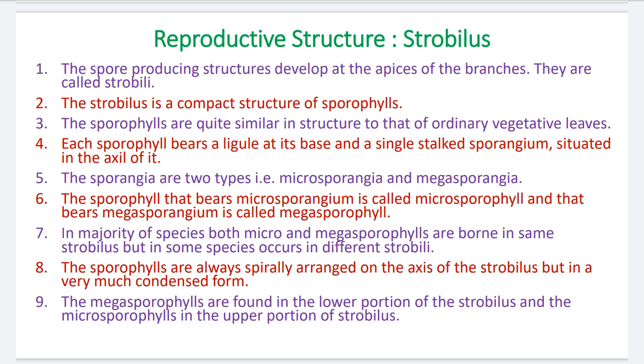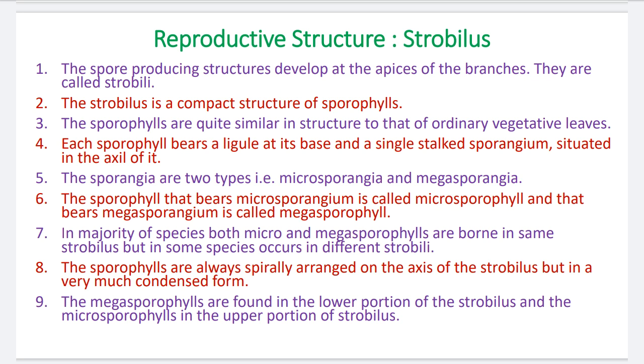The sporangia are of two types, that is microsporangia and megasporangia. Some are structurally smaller, called microsporangia, and some are structurally larger, called megasporangia.